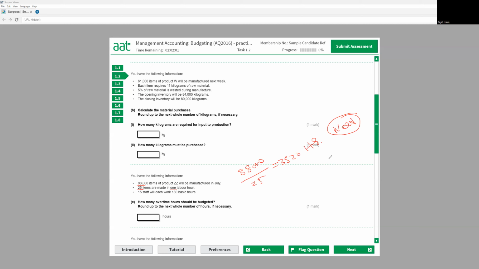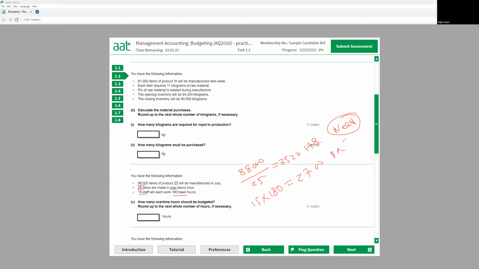So now I need to look at how many hours I have. The question says 15 staff will work 180 basic hours. So 15 times 180 gives me 2,700 basic hours.